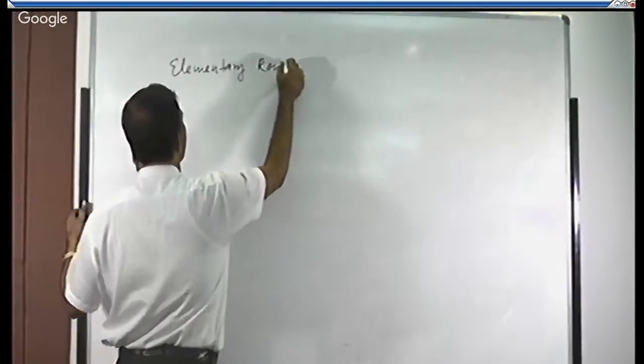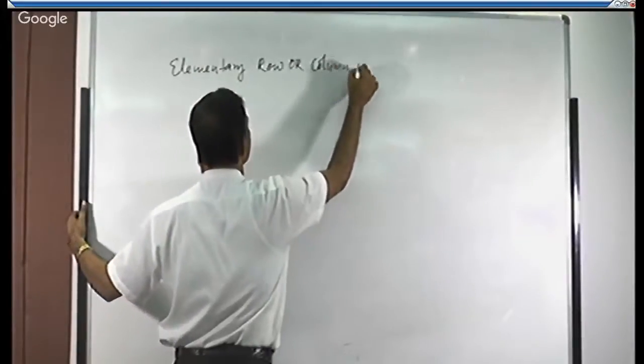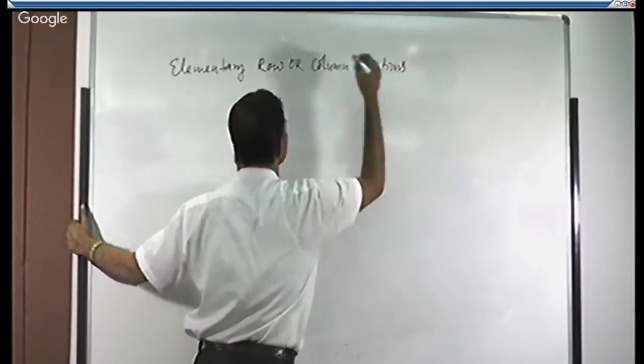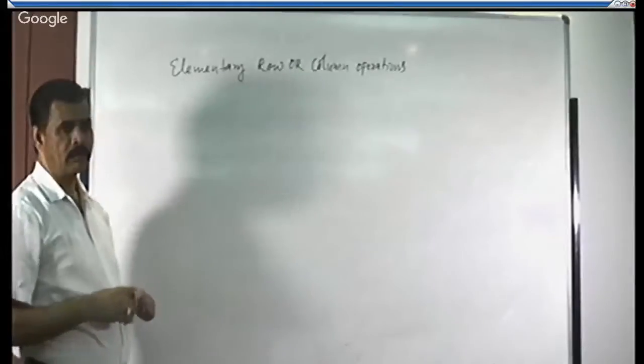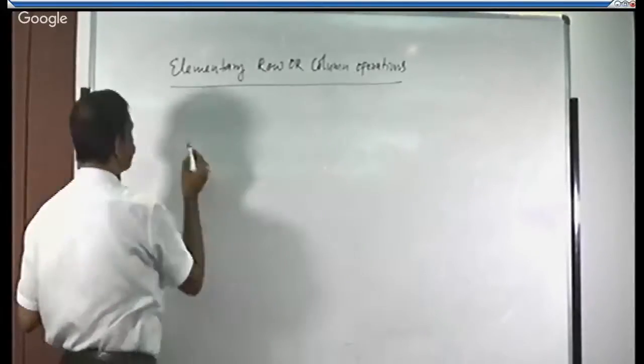row or column operations. Elementary row or column operations. So let us discuss one by one.